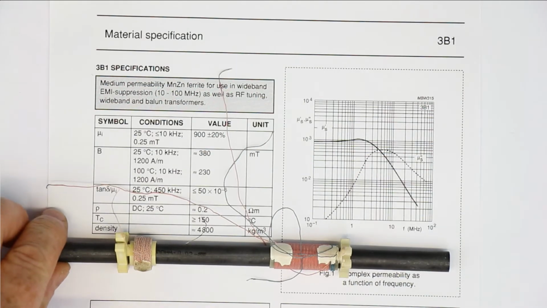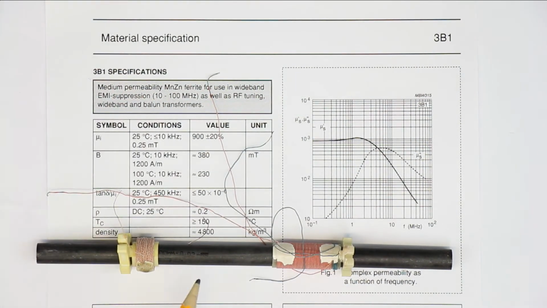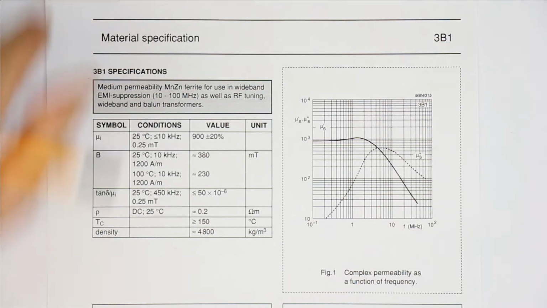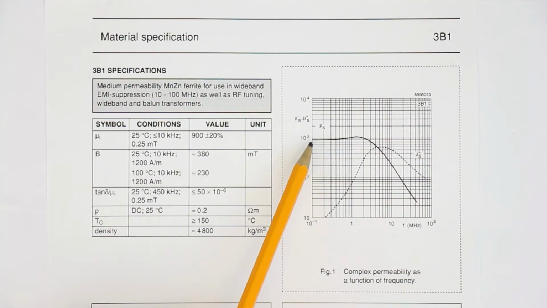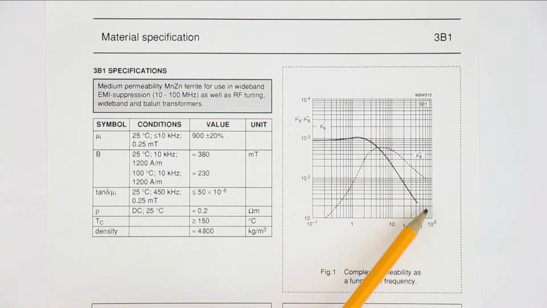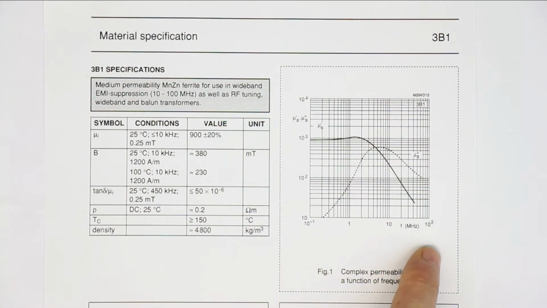This is the more black one that we saw here on the antenna. It's not exactly the Ferroxcube type, but it's a similar type. And the interesting graph for us is this one. This shows the permeability of the material, mu, related to frequency.